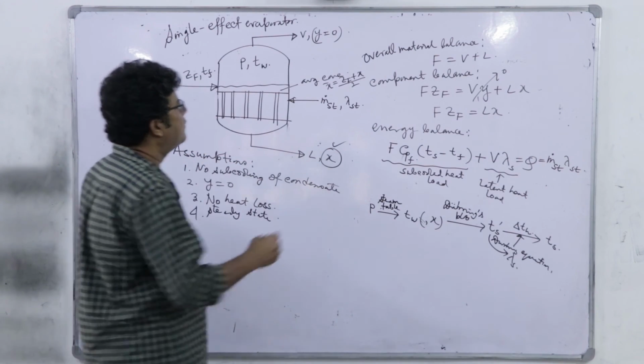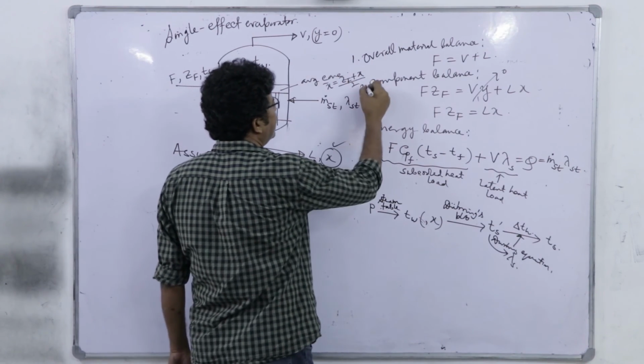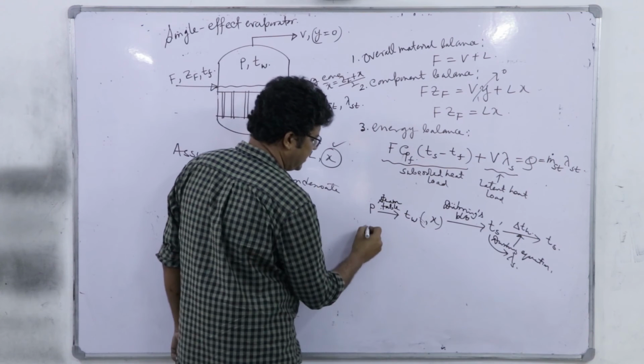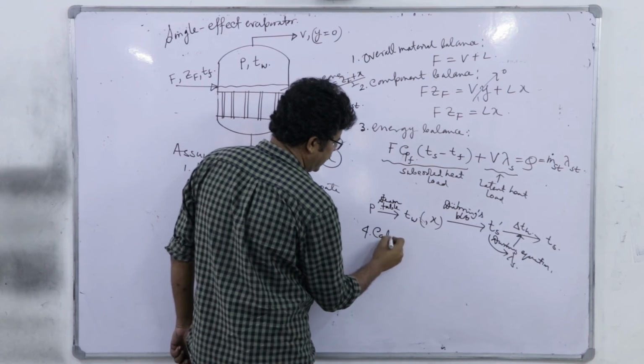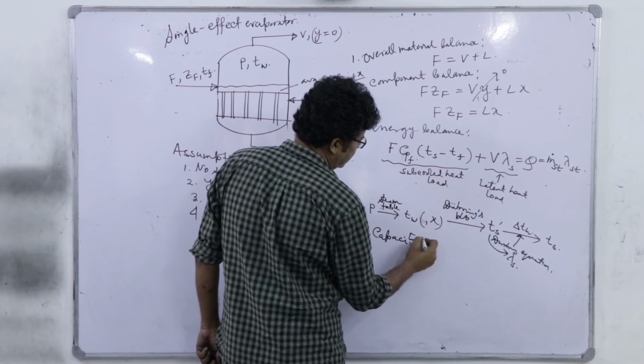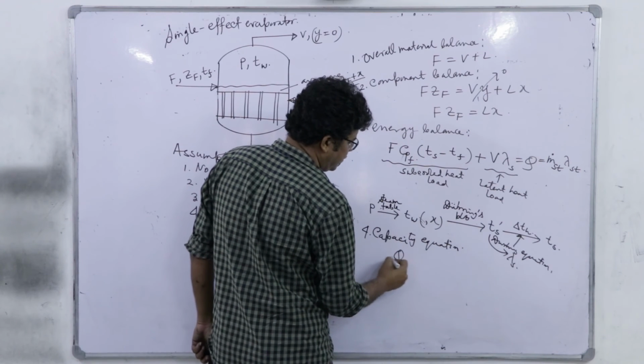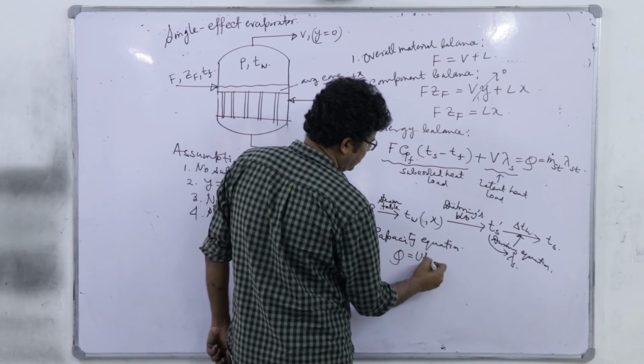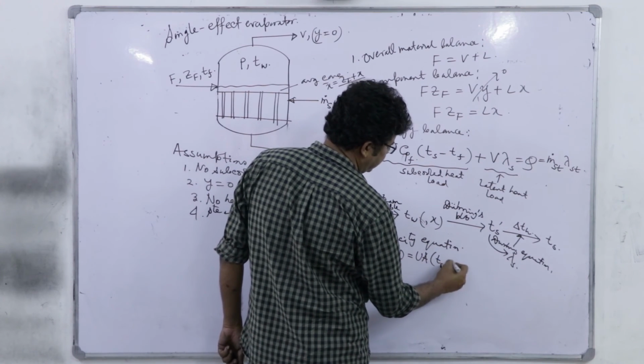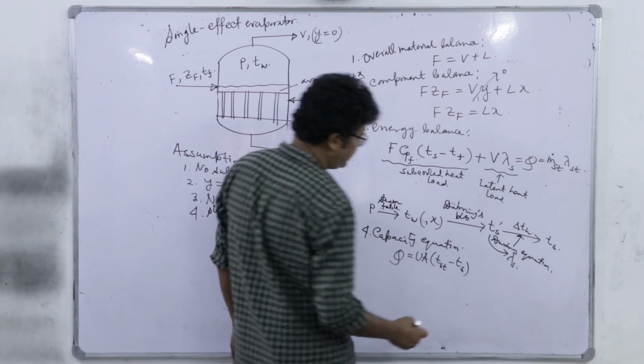So, first is the overall material balance, second component balance, third energy balance, and fourth the capacity equation, right, which is Q is equal to U into A into TST steam temperature minus Ts.